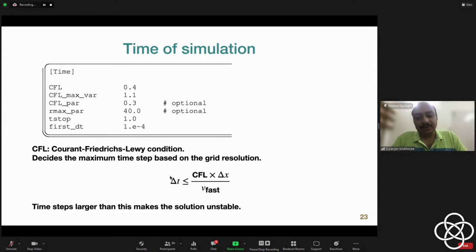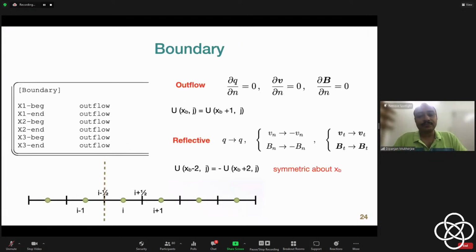I don't have time to explain the importance of this, but people who are interested, I'll refer to the book called Numerical Recipes in C, and look at the chapter on partial differential equations, and there look at the discussion on the CFL criterion to understand the physical intuition of what CFL actually represents.